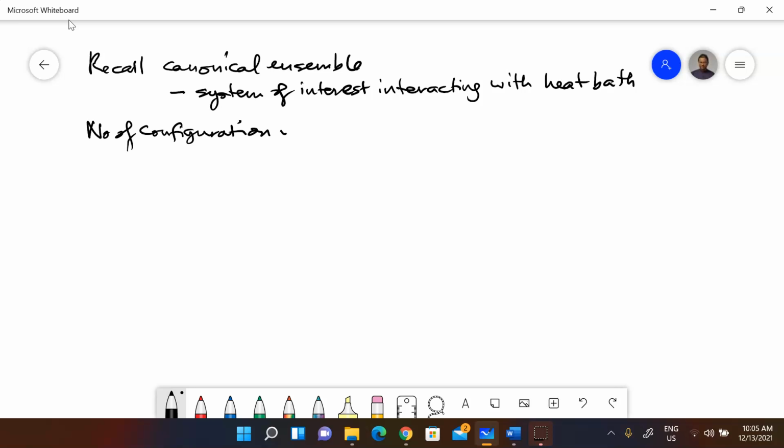Number of configurations with energy E_i for the system. So this is given by W(E_i), and we have made the connection with the heat bath by saying that this number of configurations is simply the number of configurations of the total internal energy minus the energy level of the system.